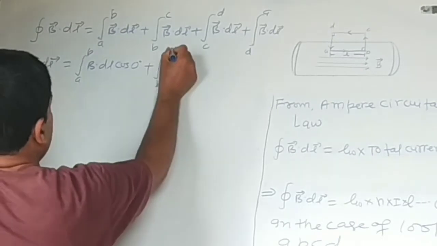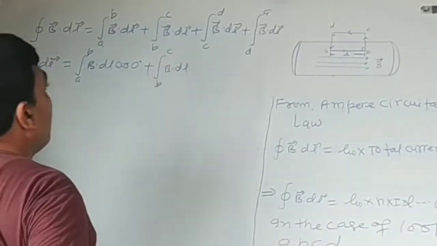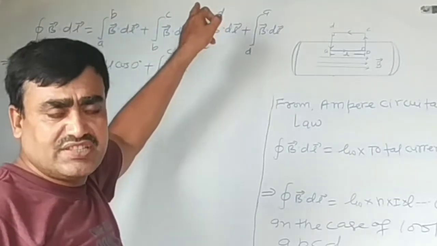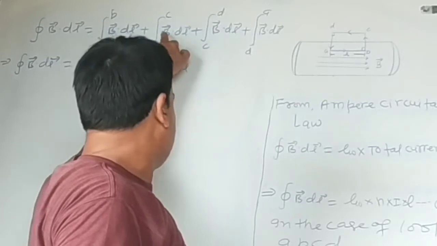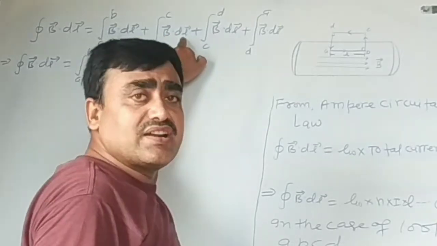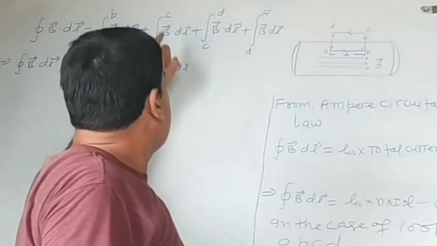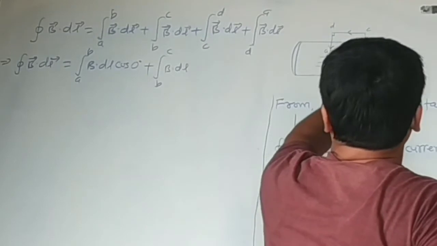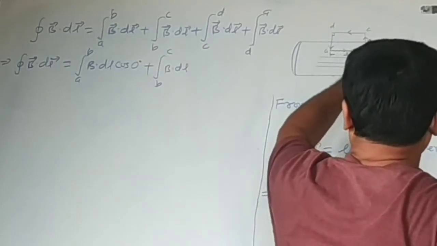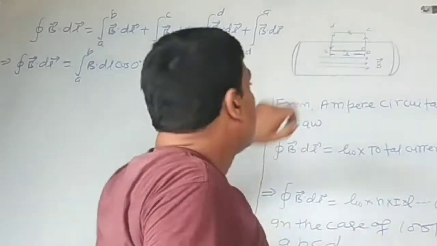Again, B to C, B dot dl: A dot B is equal to AB cos theta, that means vector B dot vector dl is equal to B dl cos theta, but here the angle between the small current element and magnetic field is 90 degrees.